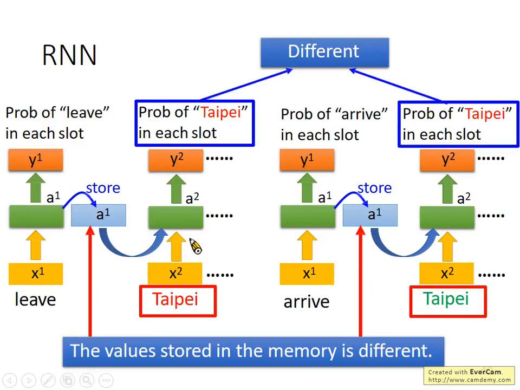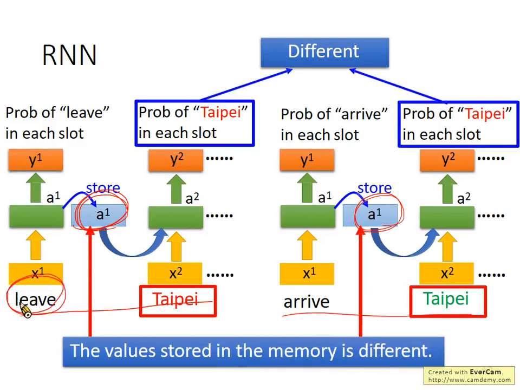And because we have memory, if there is a sentence "leave type A" and another sentence "arrive type A", the information stored at this memory cell and at this memory cell is different. The value stored in the memory is different because the first word of the sentence here is leave, and the first word of the sentence here is arrive.